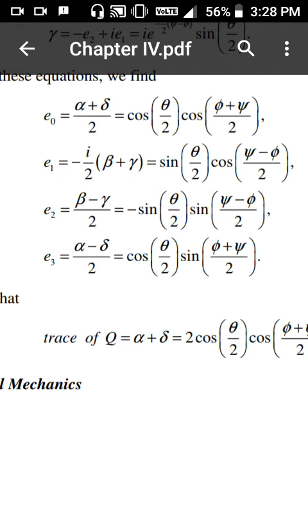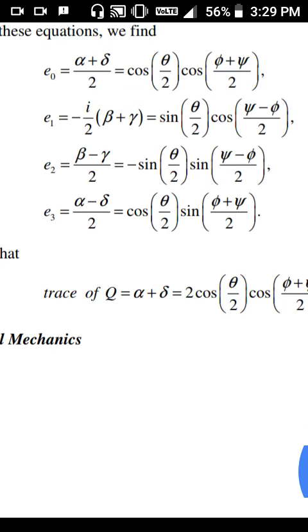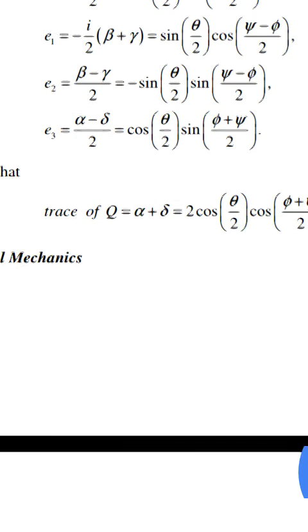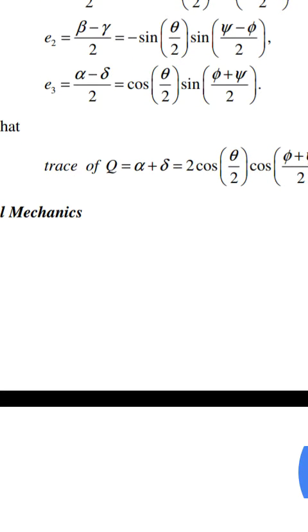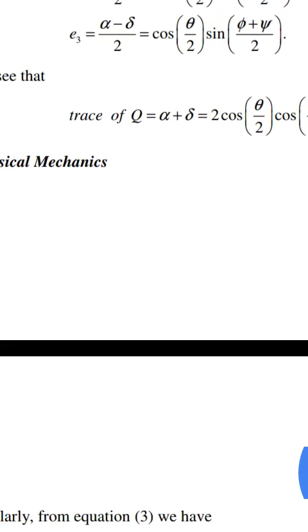E2 is equal to (beta minus gamma) divided by 2, which is minus sine of theta by 2 sine of (psi minus phi) by 2. E3 is equal to (alpha minus delta) divided by 2, which is cos of theta by 2 sine of (phi plus psi) divided by 2.